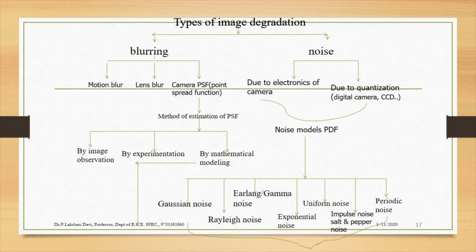That means for identifying the blurredness caused by a camera's point spread function, there are three ways of identifying the reason for degradation of the images.